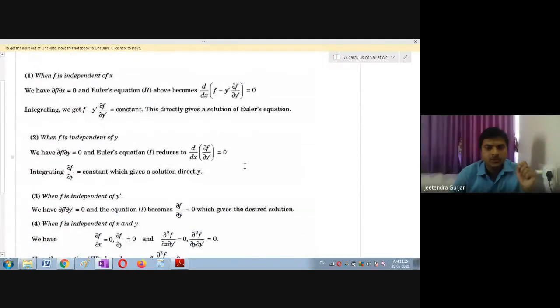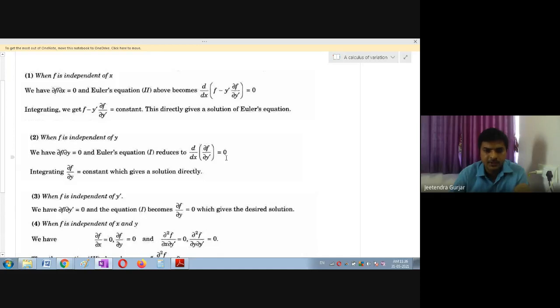Next, remember when f is independent of y. If f is independent of y, then dou f upon dou y is equal to 0. At that time Euler's equation is reduced to d upon dx of dou f upon dou y' is equal to 0. So differentiate only the dou f upon dou y' term here, students.